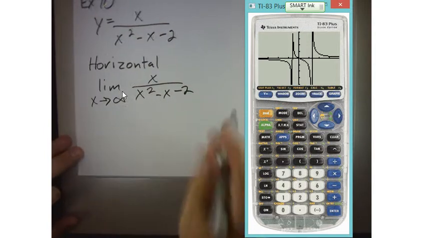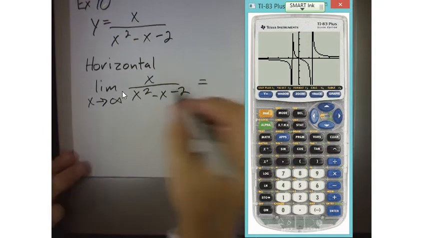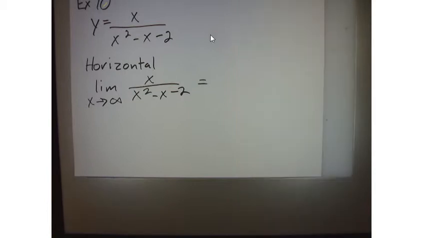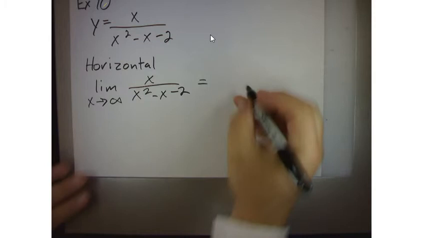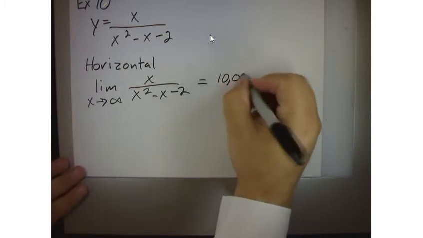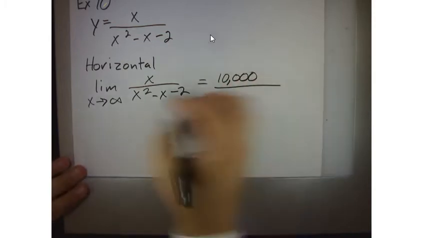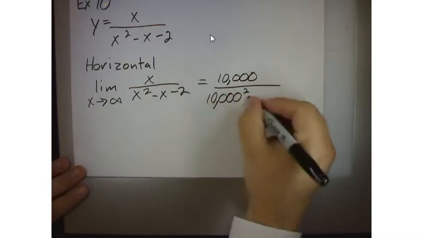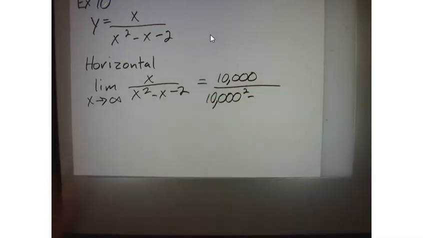Well, think of it like this. We're going to plug in numbers for this equation, okay? So let's pick out a really big number. Give me a big number. 4,000. Let's do 10,000. So if I let x equal 10,000, I'm going to have 10,000 on the top, 10,000 squared on the bottom, and really we could ignore the rest of the terms.